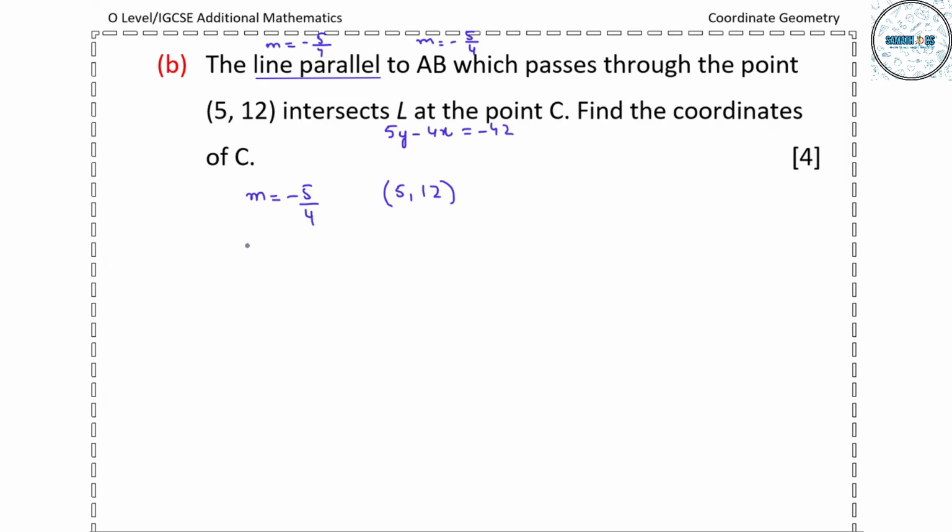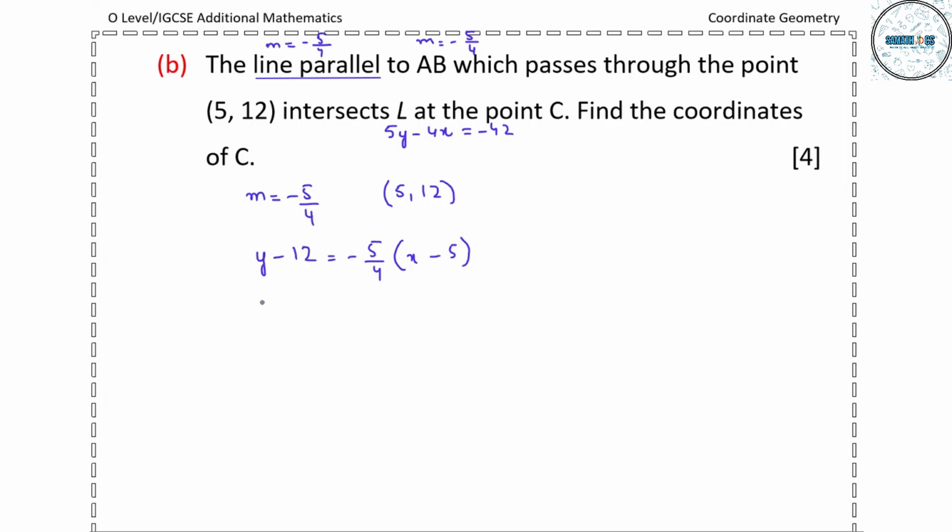We can use the form y minus y1 is equal to m(x minus x1), as we know one of the coordinates and m, that is the gradient. So y minus 12 is equal to minus 5 upon 4 times (x minus 5).